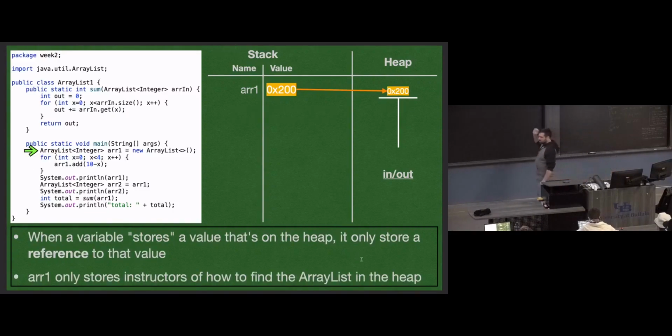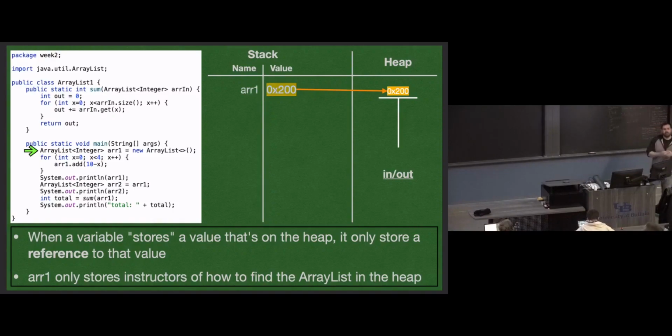Okay. So r1, the variable here, is of type ArrayList of Integers. It does not store an array list of integers. r1, the variable, does not store an array list. It stores a reference to an array list. Might seem like a subtle difference, but it's a very important difference. r1 stores a memory address, just one chunk of information.